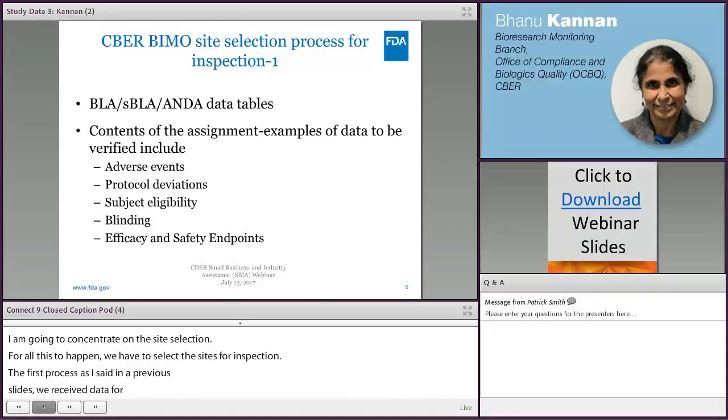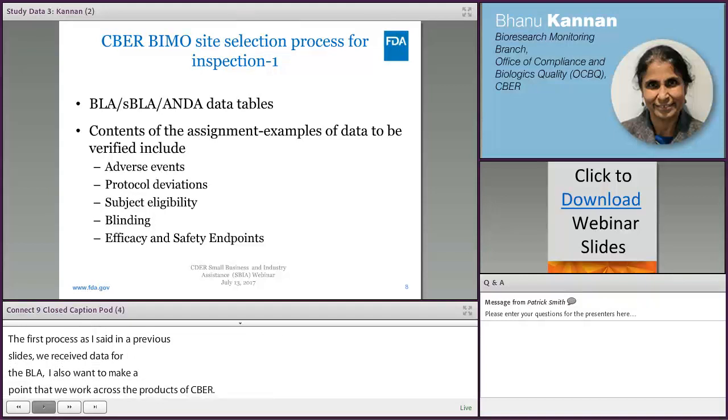So we work on data that comes into CDER, that comes to the Office of Blood, or the Office of Vaccines, or also the new reorganized office, the Office of Tissue and Advanced Therapies, which also includes products under cell and gene therapy. So we work across the various product offices, and we review the data.